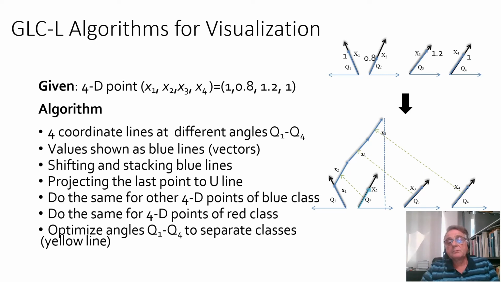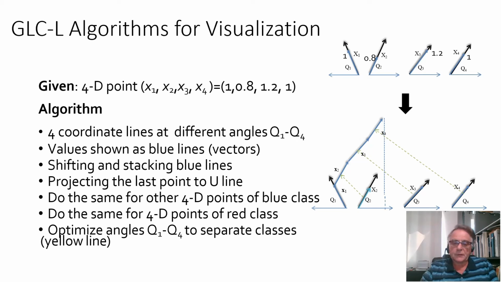And then we put those values on these vectors. So, for example, x1 is equal to 1, so the vector will be the blue one on top of that black coordinate x, equal to 1. Next one is 0.8, 1.2, and so on.